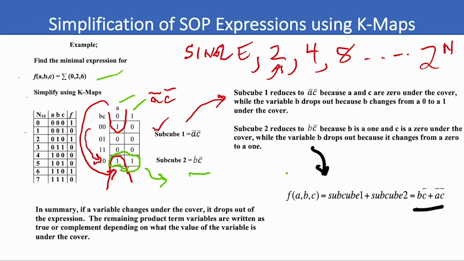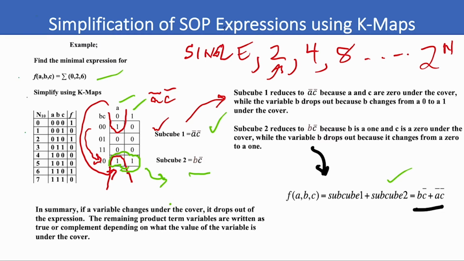So the final answer is the function is equal to subcube 1, which is A C bar, plus subcube 2, which is B C bar, so it's equal to B C bar plus A bar C bar.